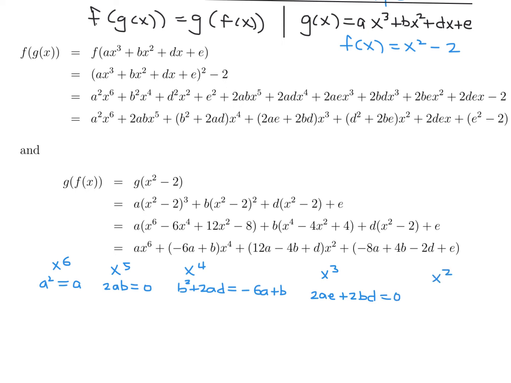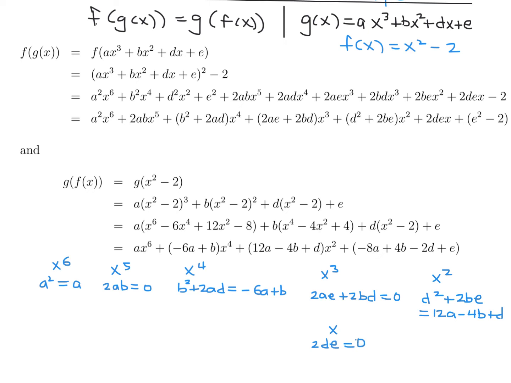X squared up there is d squared plus 2be, and here it's 12a minus 4b plus d. The x coefficient up there is 2de, and down there isn't any, so it's 0.